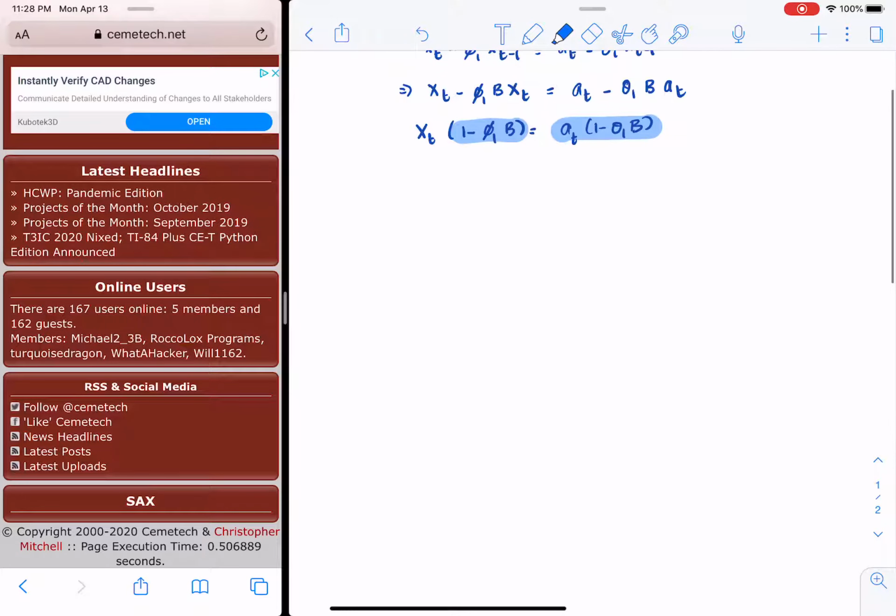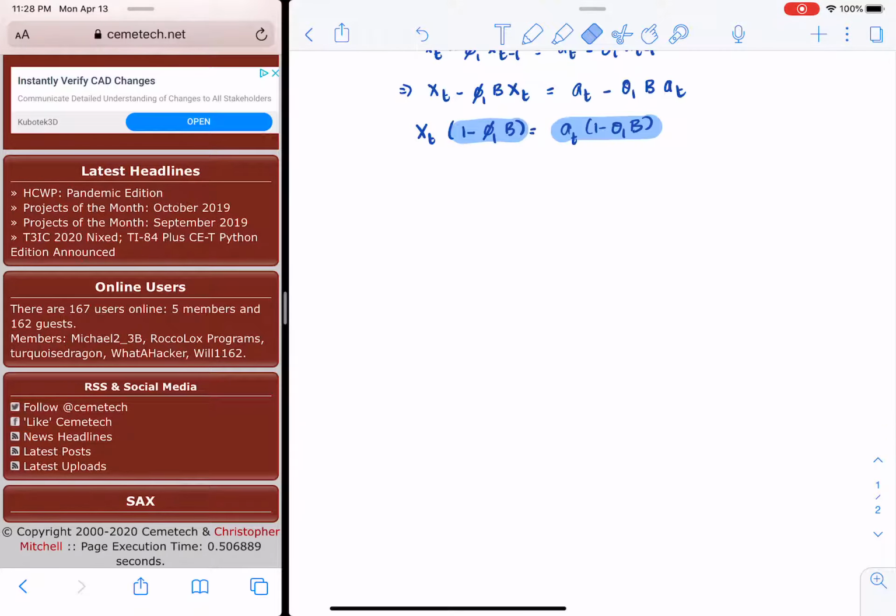So we want to rewrite it in terms of pi and psi weights. So where does this come from? This goes back to expressing an AR series as an MA infinity series.